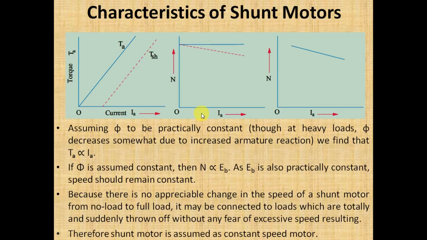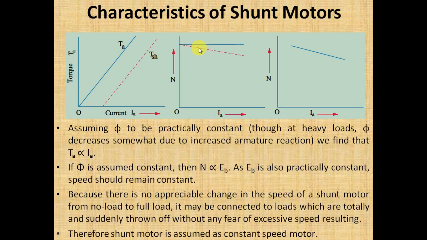So practically, if you are trying to increase the magnitude of armature current, or under the condition of high load, there will be a small dip in speed. This is due to the armature resistance drop in the relation of back EMF, that is speed is directly proportional to V minus Ia Ra. As we are increasing the magnitude of Ia, Ia Ra drop will increase.